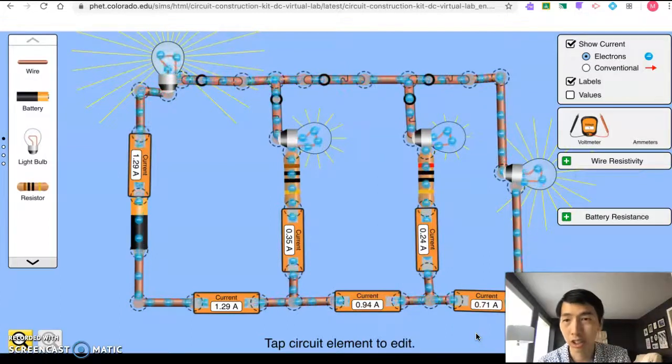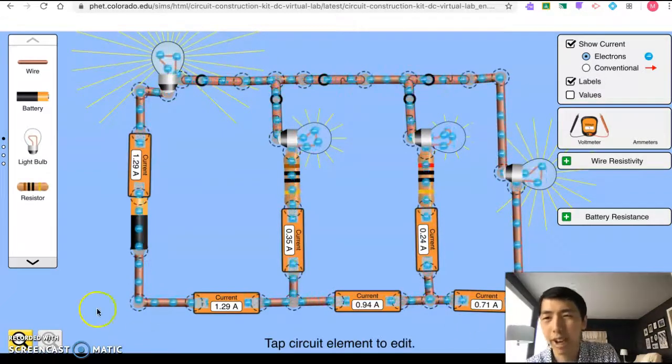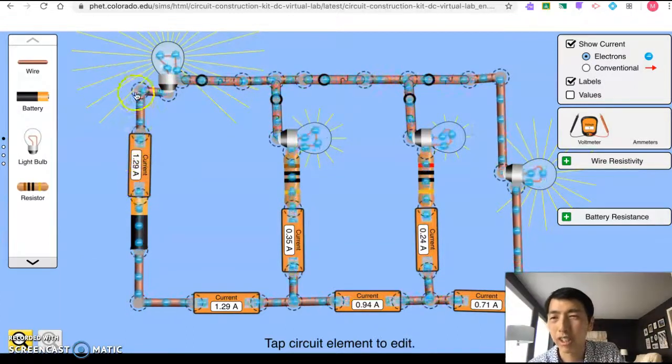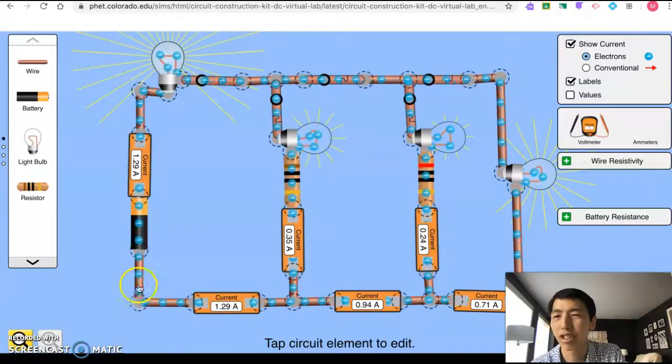So the current rule, Kirchhoff's current rule, says that the current flowing into a junction must equal the current flowing out of the junction. So I'm going to start at the battery. At the battery, I put an ammeter right next to it. So it's reading the current flowing through this strand right here, basically. And it's saying that the current is 1.29 amps.